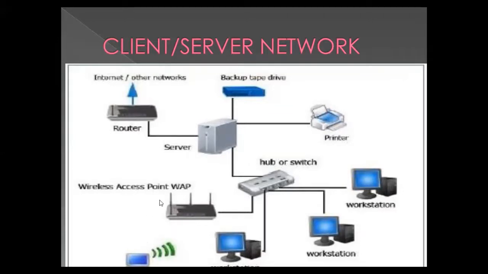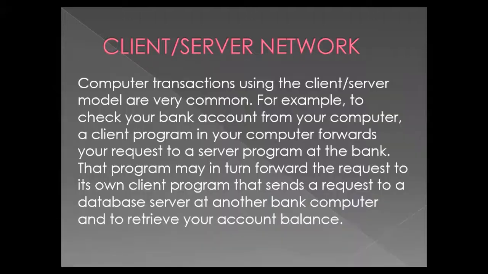Now there is also a wireless access point, which will boost whatever network is provided by the router so that it reaches a greater distance, and then the wireless devices will also be able to access the internet. So that's how a client server network looks like.